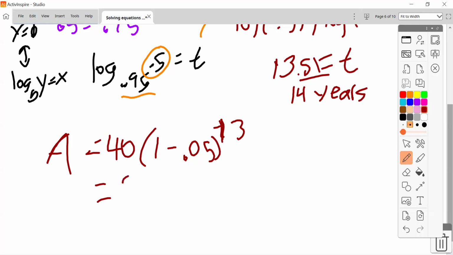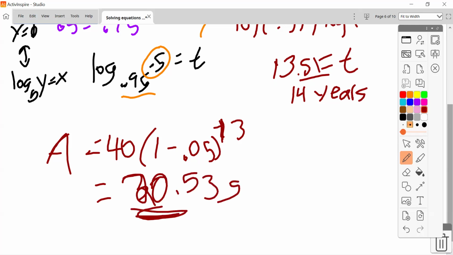So at the end of the 13th year, you would actually have 20.53 grams, which is still above 20. So that's why you would say during the 14th year it dropped below 20 grams. You'll do that for population as well.